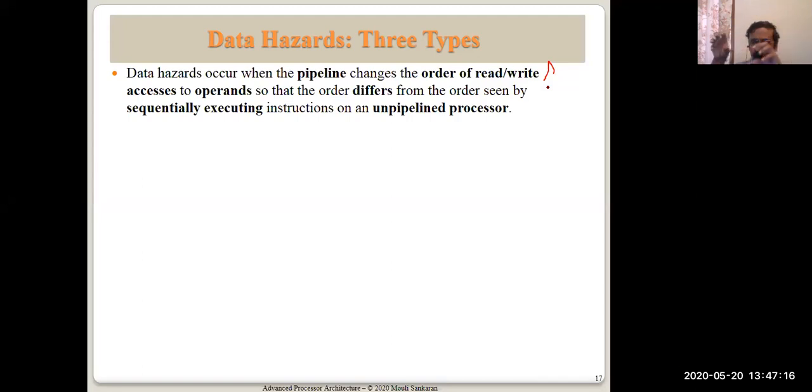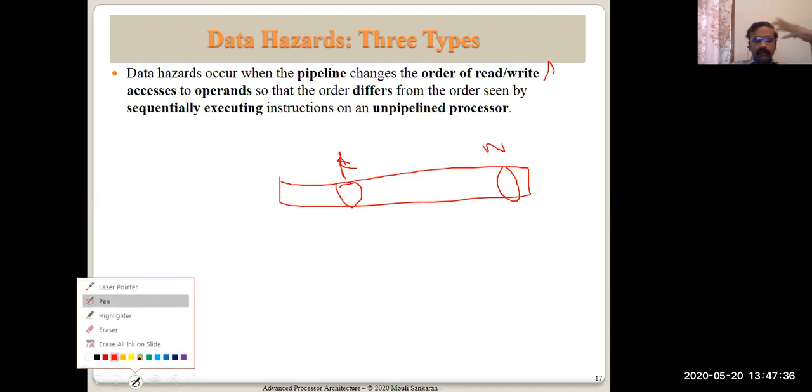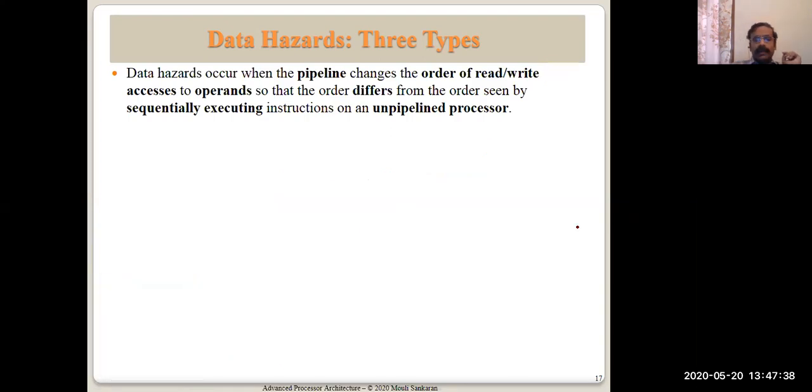When you are accessing the operand in the pipeline, the operand is read in this stage, and then later on the result is put. So some reading happens, and then writing is happening here. So we are not actually doing it together. We are splitting it into multiple stages and doing it. So it arises from unavailability of the operand.